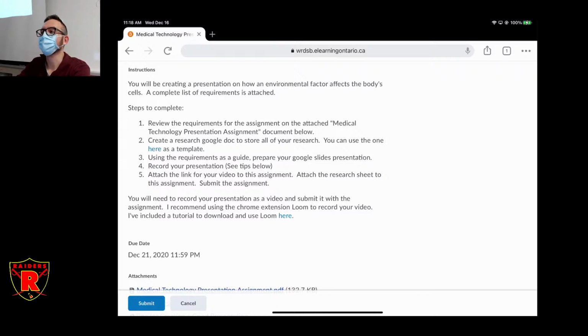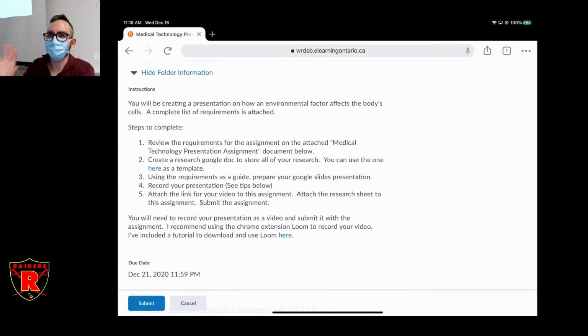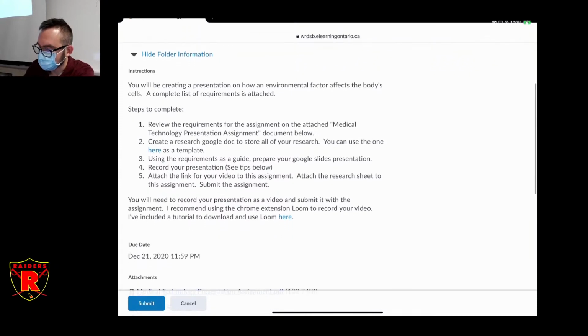If you don't want to use Loom, no problem. If you're not sure what to use, just talk to me. I'm happy to find you some alternatives. They definitely exist. But essentially, you're going to create it in a Google Slides slideshow, and then you're going to give the presentation through a screen capture.